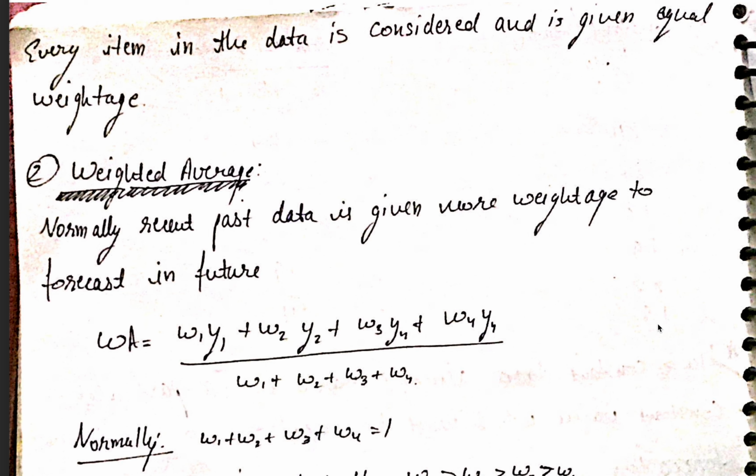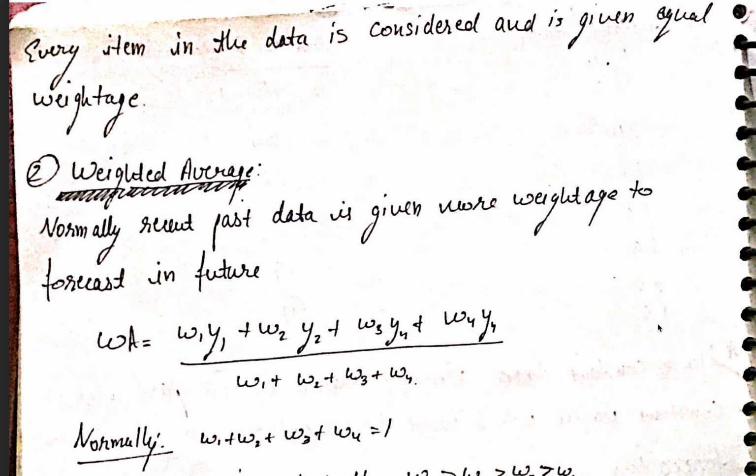Obviously, I would like to give more weightage to the recent data, what's happening in these 2 years, because in these 2 years a lot has happened in the world and a lot of things have changed. The earlier data doesn't matter that much now, so I would either not consider it, or if I do, I will give it less weightage.